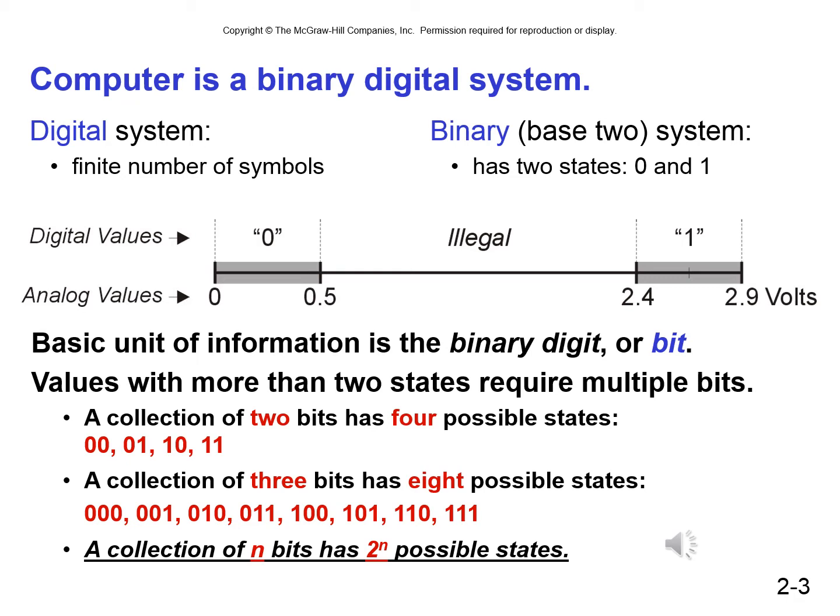You get it. Each time we add an additional bit to a binary number, we double the number of possible states or values that it can represent.